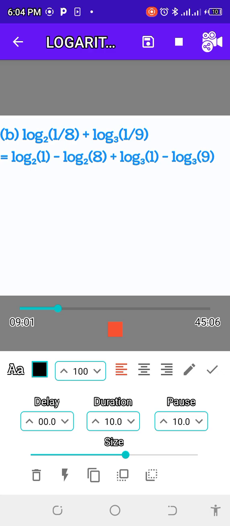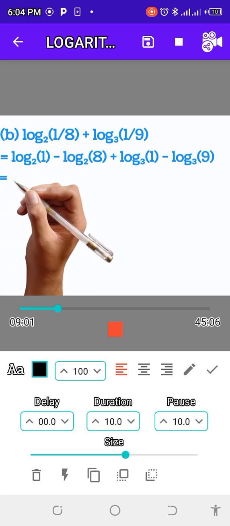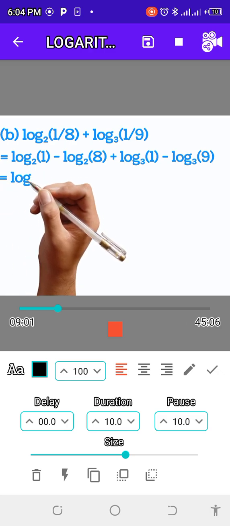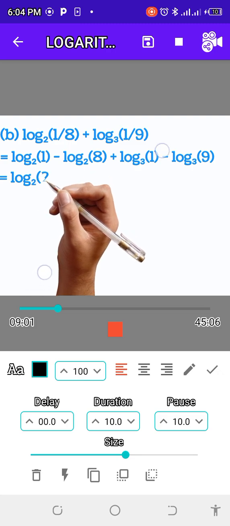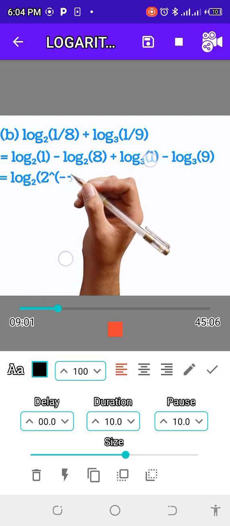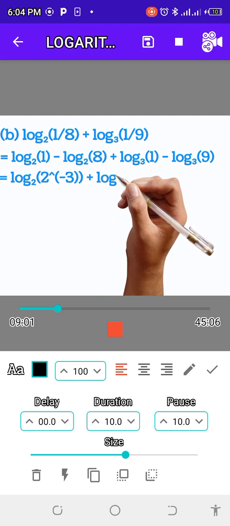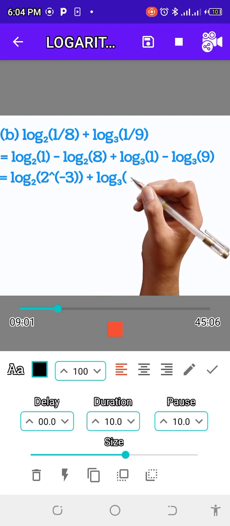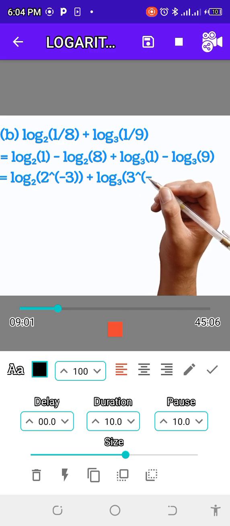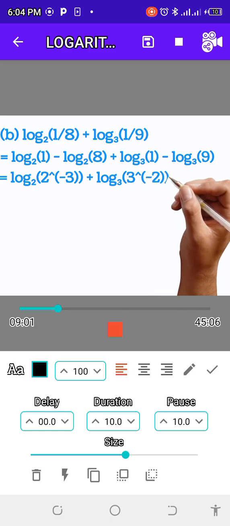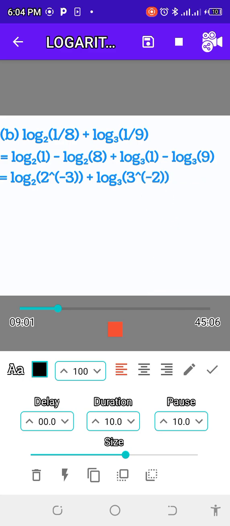And log 8 base 2 is the same as log 2 raised to the power 3 base 2, plus log 3 raised to the power 2 base 3.